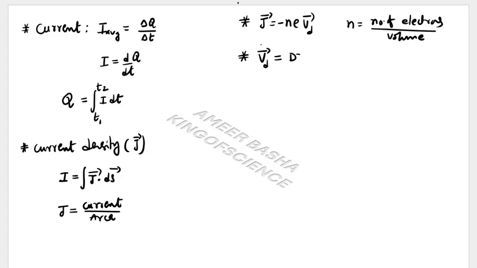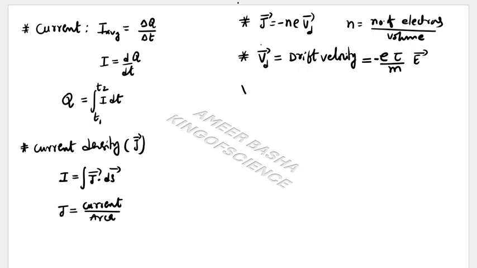Drift velocity, or simply drift speed, is defined by the expression e tau divided by m into electric field. In vector notation, it has the opposite sign.